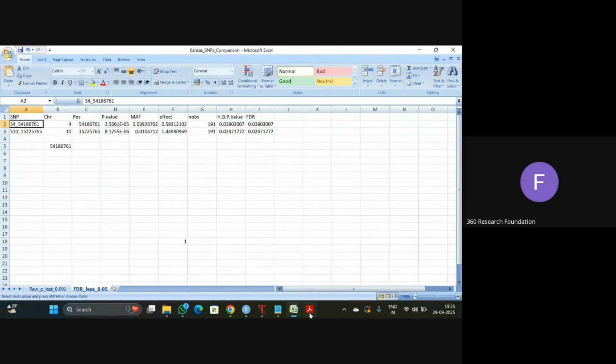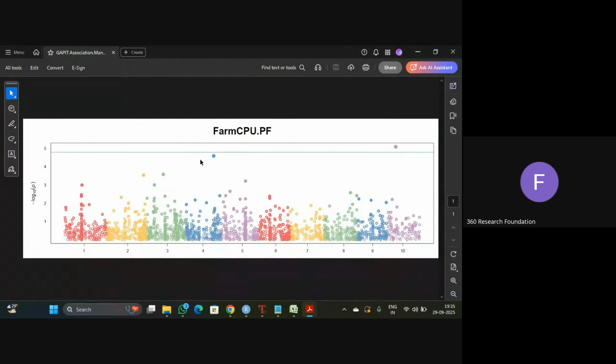And similarly on the 4th, here is that data point. The more the distance, the stronger the association, that is the concept. But in that concept, false positives will come. So out of these two, we got this one present on chromosome 4. This plot is called a Manhattan plot.